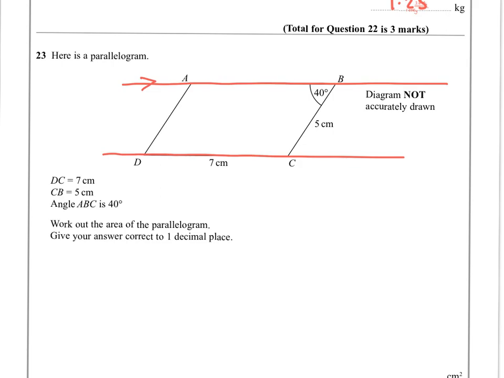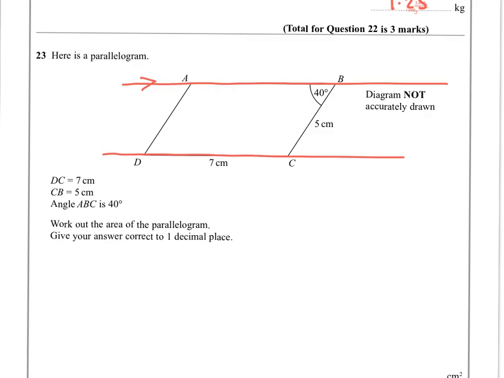So if I just create a triangle here, for example, this would be its base given, which is 7. If we could find out its perpendicular height, i.e. the distance between these parallel lines, h, that's uniform, so that's the same no matter where we are. It's always going to be that height.